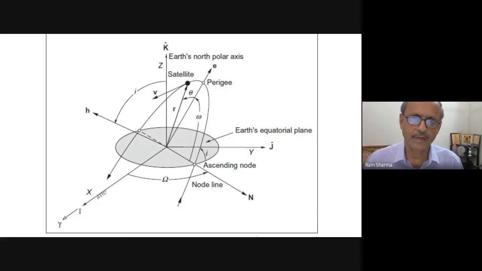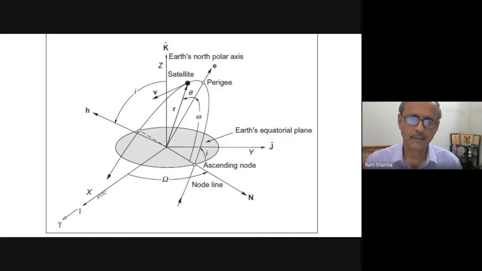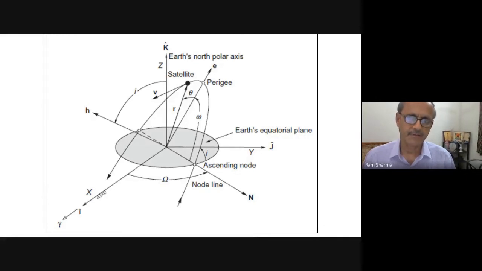So capital omega, small omega, theta, r we need, and the angular momentum, which we will get as r cross v. When we have the radial vector r and the velocity vector, and they are all in the orbital plane, h will be defined. We know that A cross B is a vector which is perpendicular to A and B. So h becomes perpendicular to r and v.